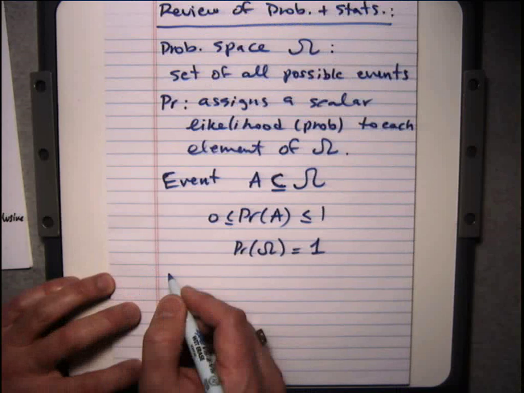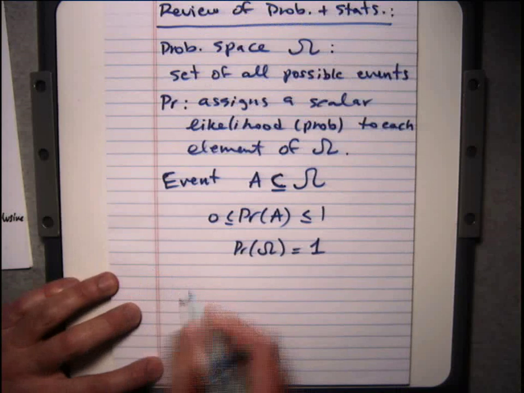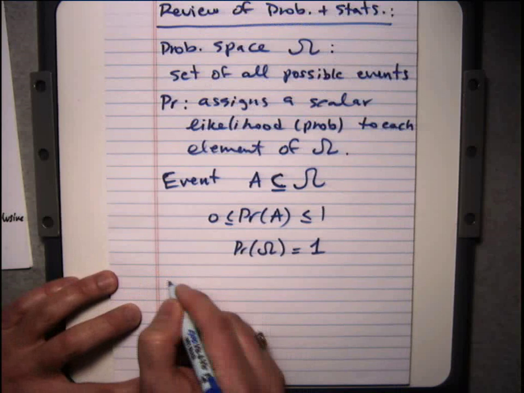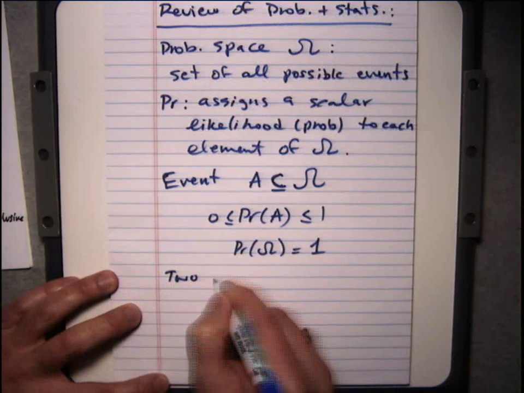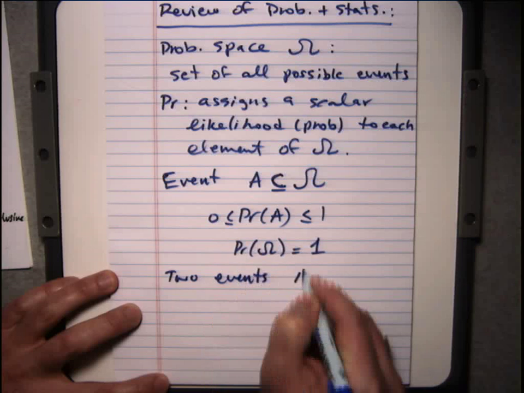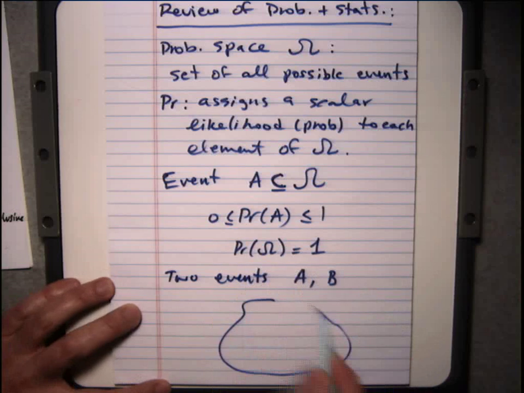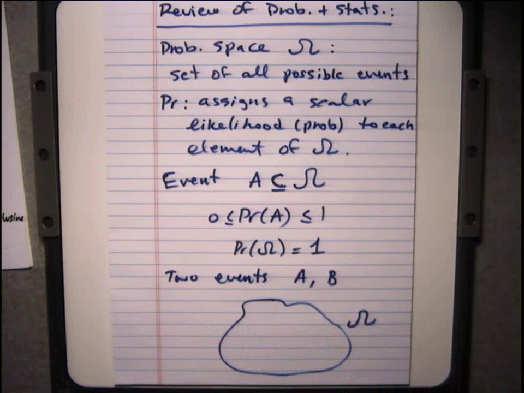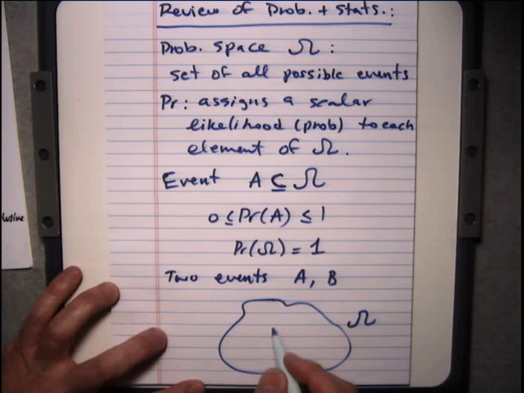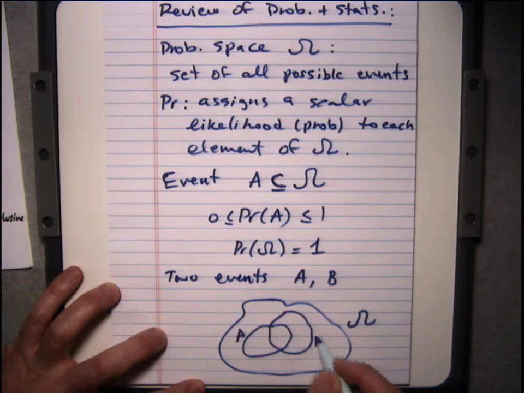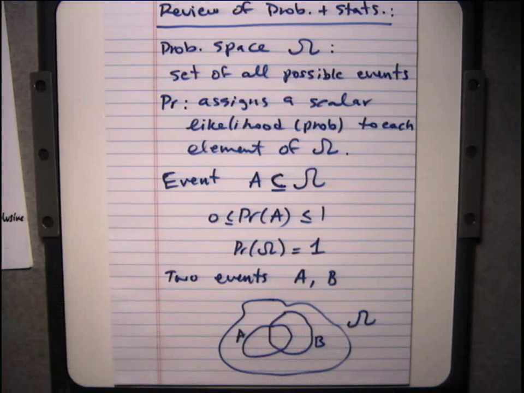Now, what if you have multiple events? So let's say you have 2 events, say A and B. You might have a set like this, which is the entire probability space, the set of all possible events, and then you might have 2 events, A and B, and these events might in fact intersect with each other.